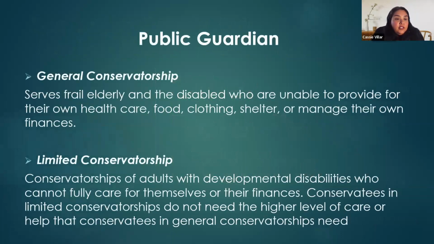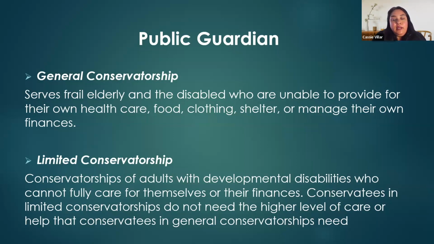So conservatorship, we do have conservatorship. Generally, it's for older individuals who might be disabled, unable to take care of their own needs. And so somebody will be appointed for their day-to-day needs, such as health, food, clothing, shelter, and so forth. Limited conservatorship is a very unique conservatorship for adults with developmental disabilities.